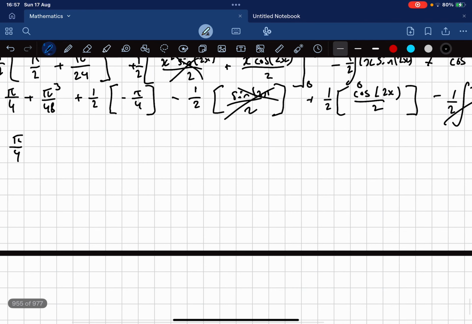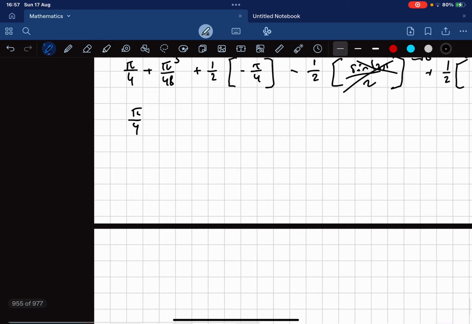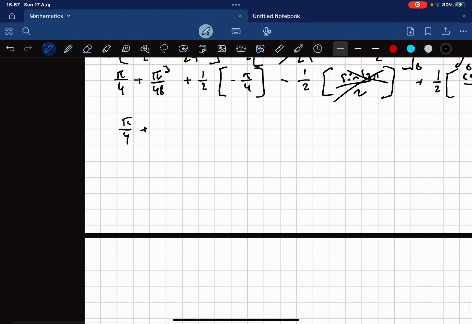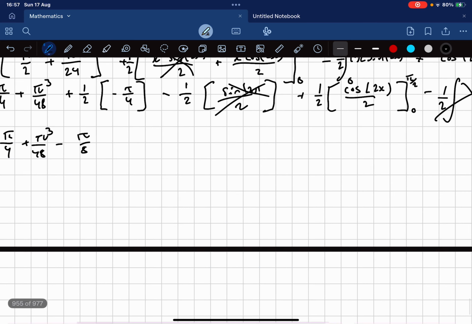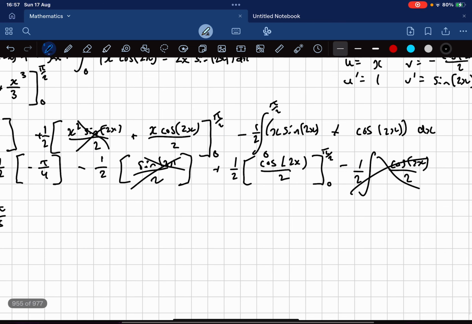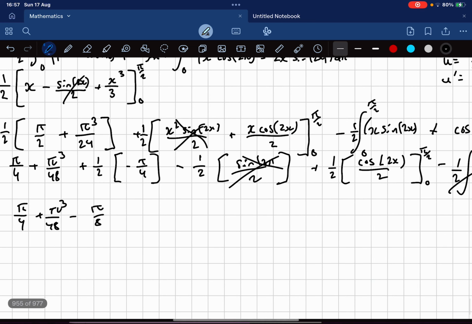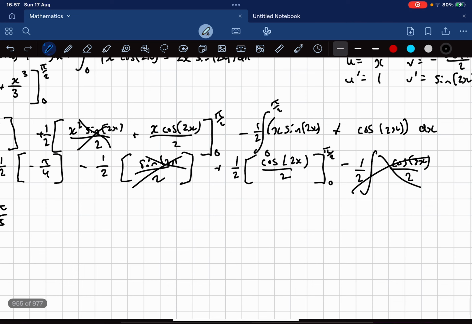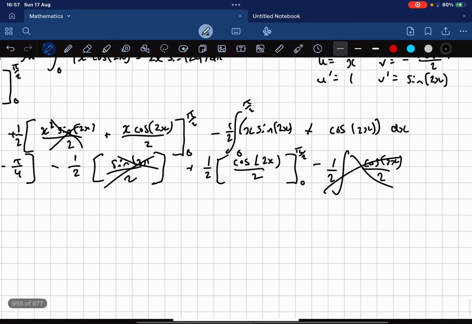Okay. Let me just... pi over 4 plus pi cubed over 48. Minus pi over 8. Okay. And then this is going to be, we looked at this earlier, however it had an x. So this is going to be, okay.